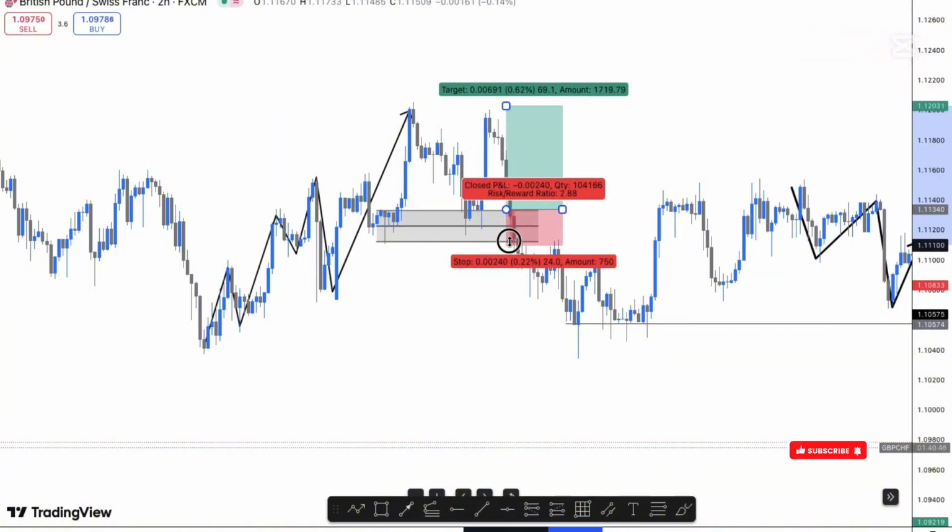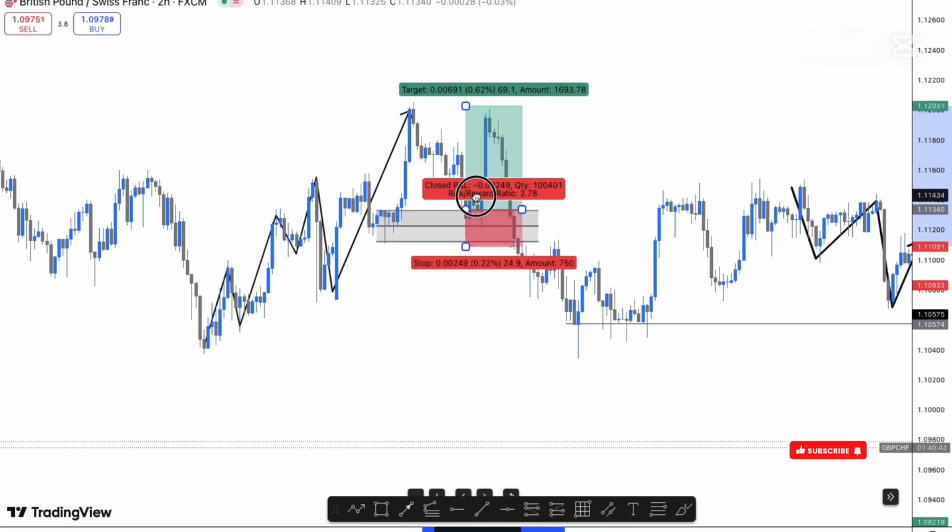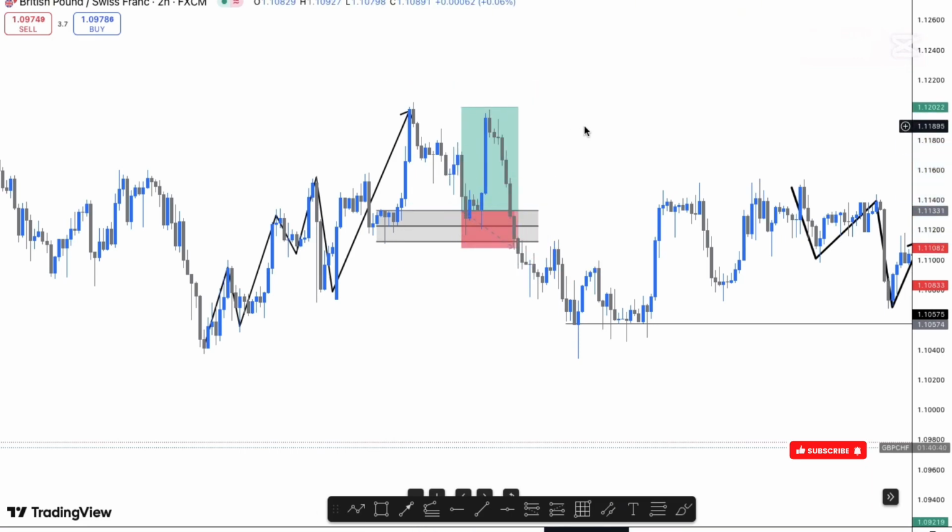Now this is what it means to understand directional bias or market structure.